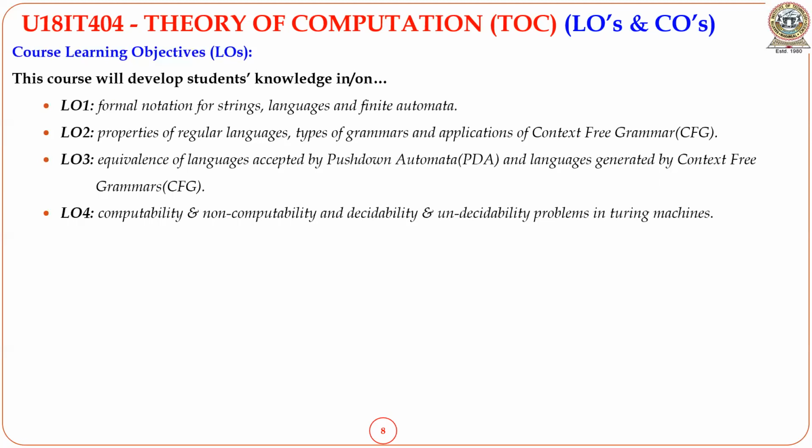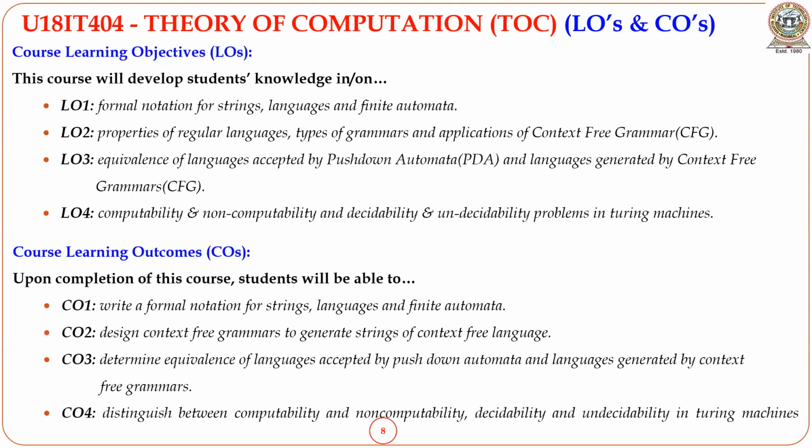Lecture outcome 3 is equivalence of languages accepted by push-down automata, that is PDA, and languages generated by context-free grammars, CFGs. Lecture outcome 4: computability and non-computability and decidability problems in Turing machines.